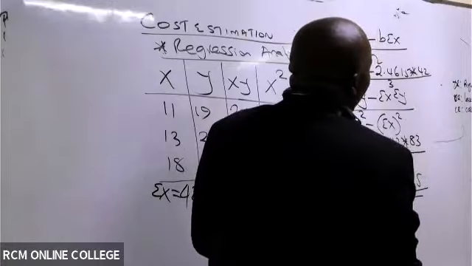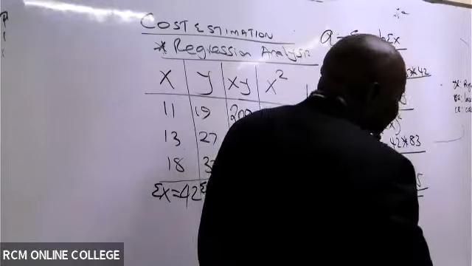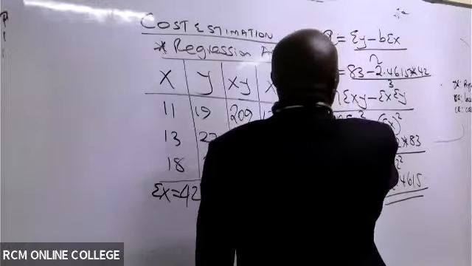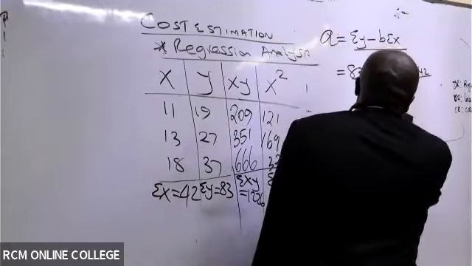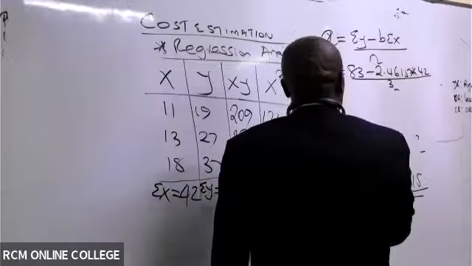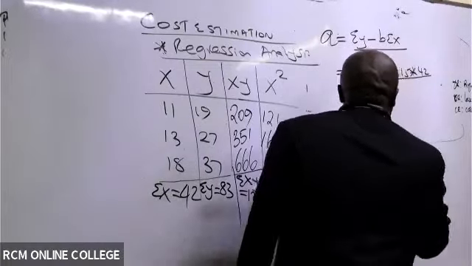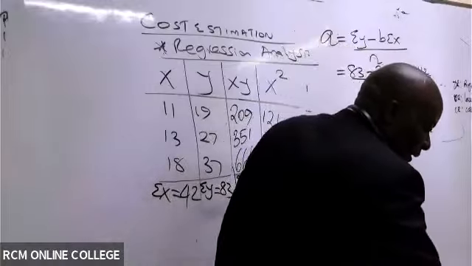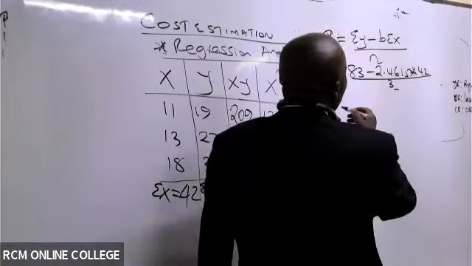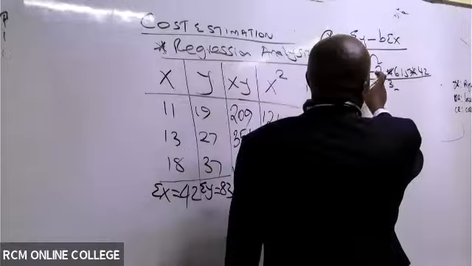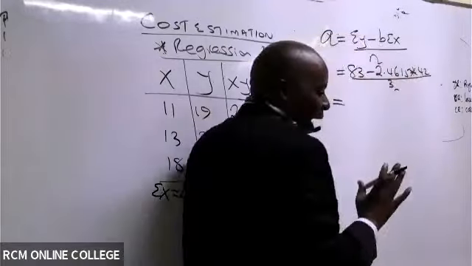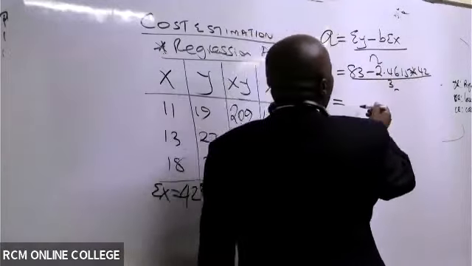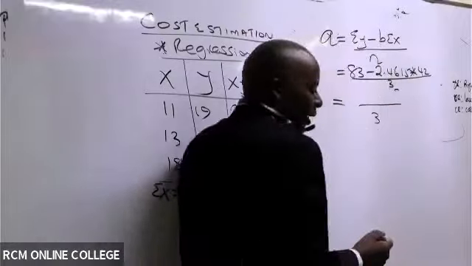So what I do not know is whether we have a very bright student who will be able to give me the value of the numerator. The value of the numerator alone: 83 minus that times 42. The denominator, I'm aware of a 3 there.